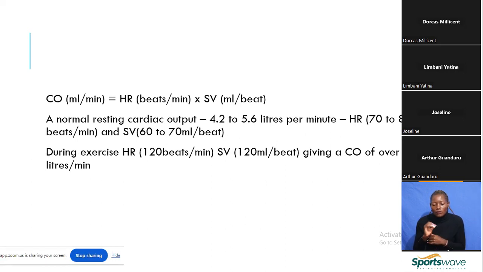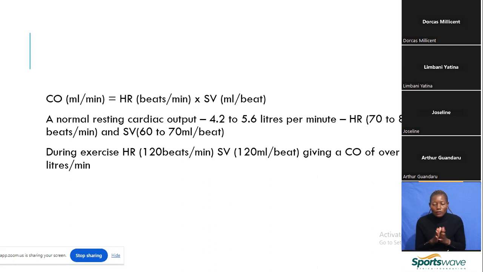Now, I want to give you a hypothetical analogy here, which I've not put in the slide. Take an example of a cardiac output of 18. You can get 18 in 6 ways if you look at heart rate and stroke volume.